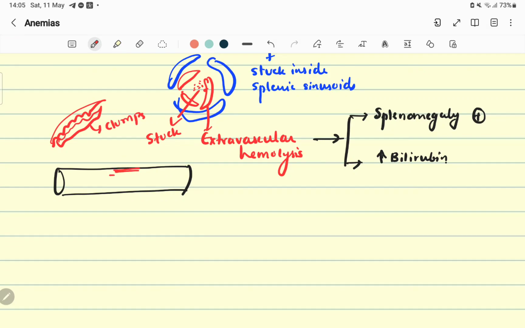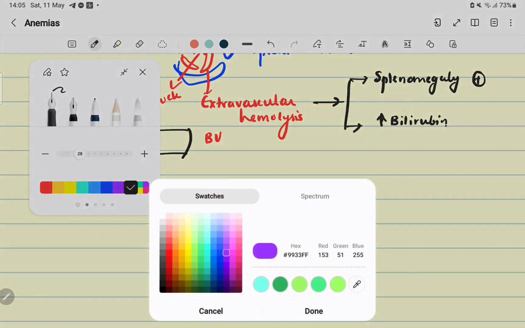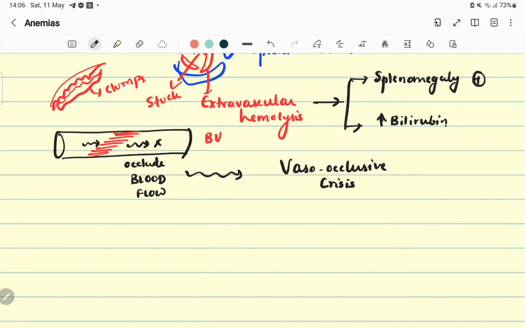So this can form a layer in the blood vessel that will occlude the flow of blood. If it occludes blood flow, then it is called a vaso-occlusive crisis.